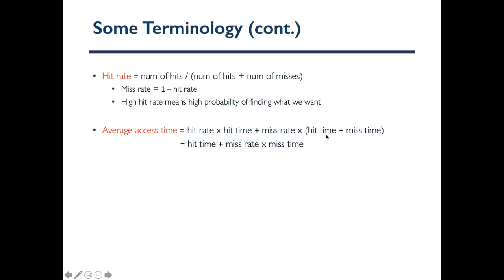You now also have to spend some time to resolve that miss. So hit time plus miss time. So if you factor hit time out here, both of them have it, then it would be miss rate plus hit rate, which is 1. So on all your accesses, you're paying the hit time.